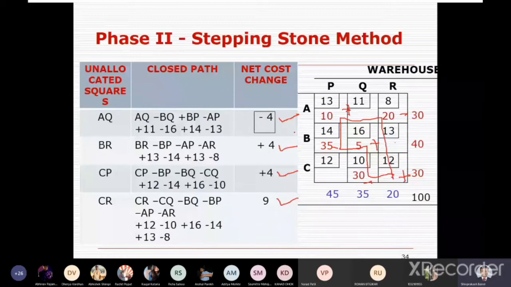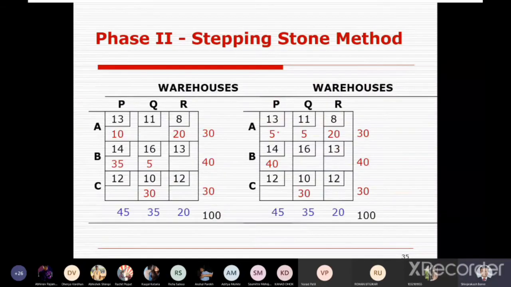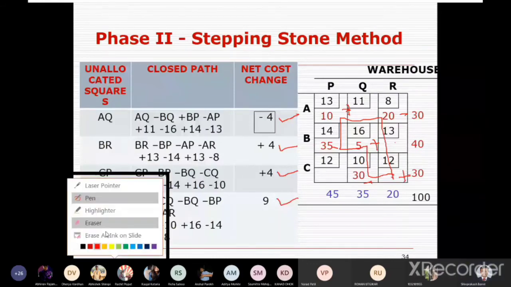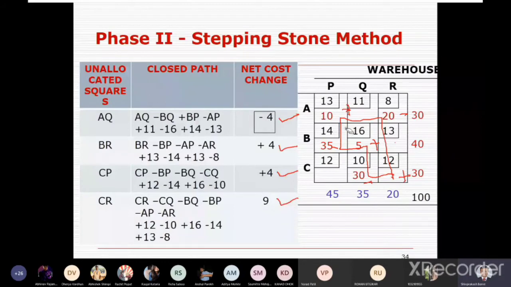But here I got one negative value, means it gives indication that there is a chance to improve the solution. So in that case, you see how I can improve the solution.